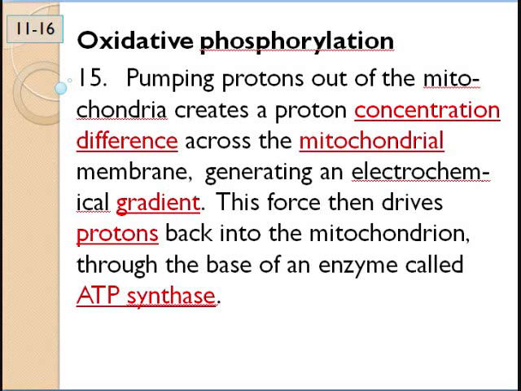Now, in the case of the mitochondria, it's driven by the protons. I must pump the protons out so they can come back in and spin that revolving door for me. If they're already in, they can't spin it, can they?